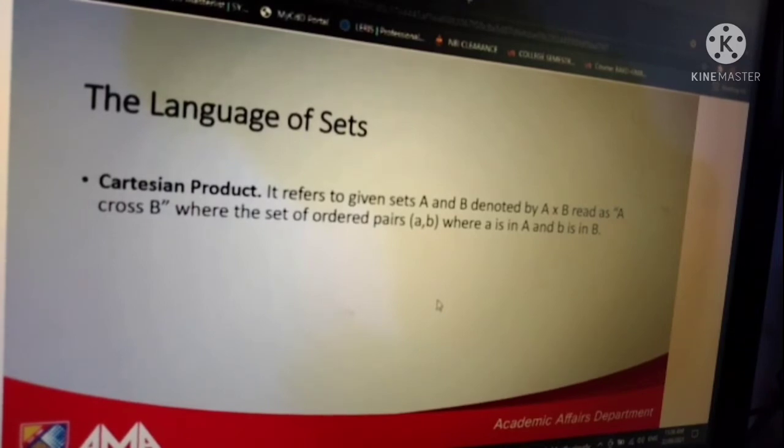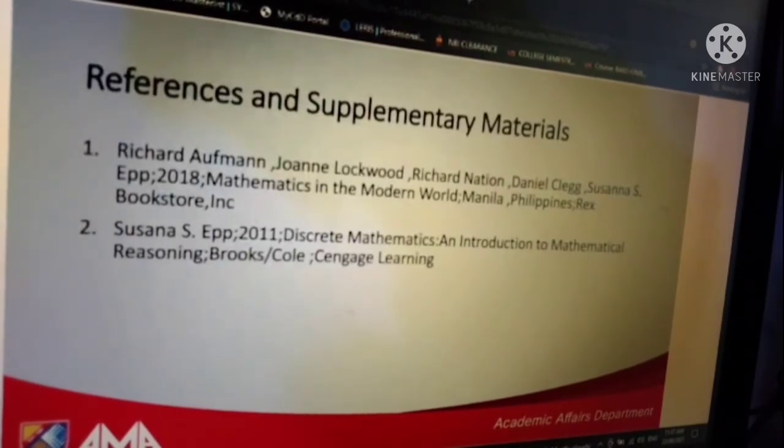Cartesian product, so where the set of ordered pairs, ay makikita mo doon mismo sa graph. Kaya nga tayo nakakapag-plot ng graph, nakakabuo ng graph, it is because we have ordered pairs.